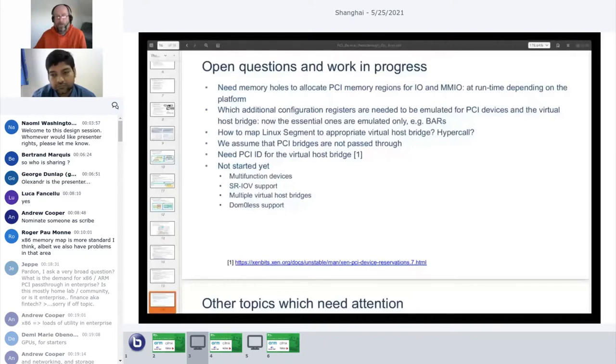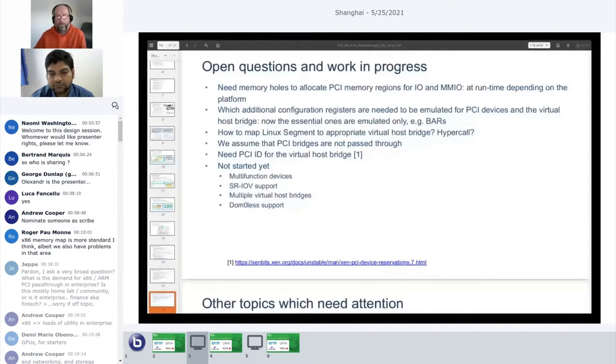So it is probably doubled at the moment when we just added simple PCI devices. But I started working on SR-IOV support, and it seems like it will double what I have at the moment because I need to handle SR-IOV.